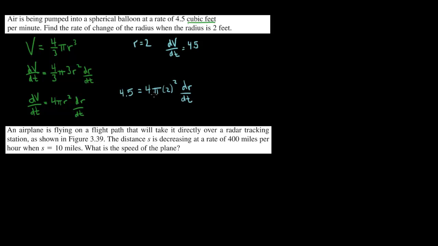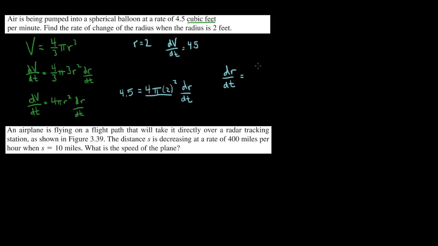So I just needed to essentially divide both sides by all of this. So I can get that dr/dt, that is the rate of change of the radius, which I should double check at this point. The one leftover variable is what I'm looking for. Find the rate of change of the radius. dr/dt is the rate of change in the radius.